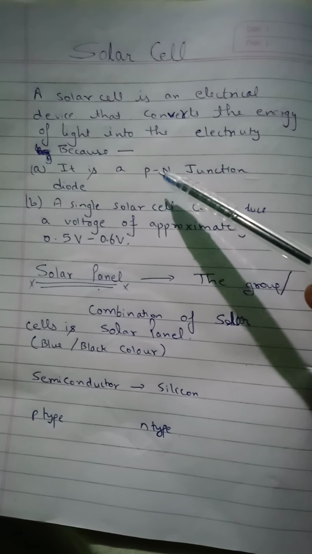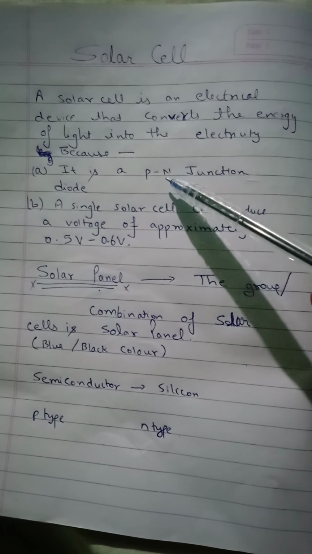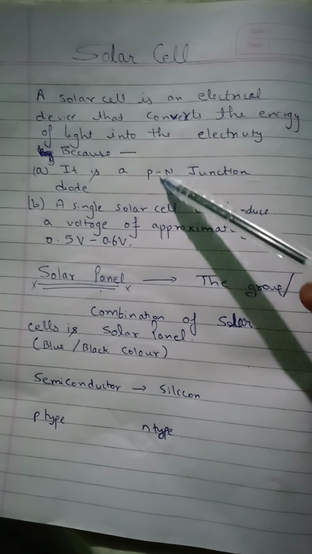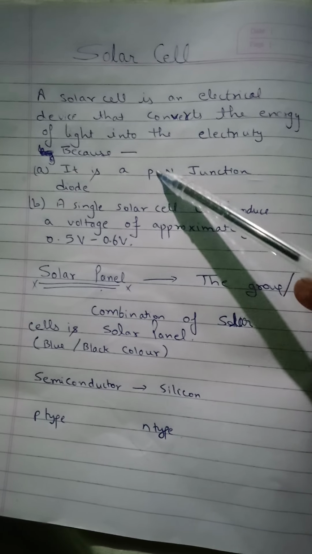Here we have to remember that in a solar cell generally the N type is always very thin while the P type is always thick.